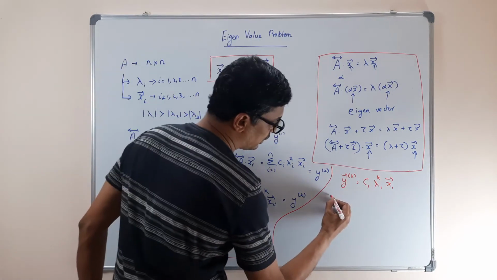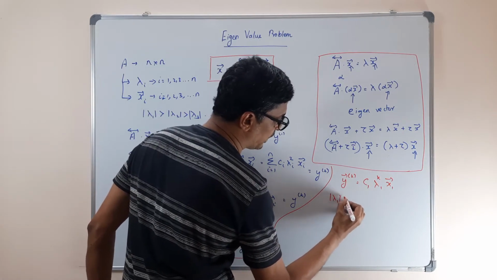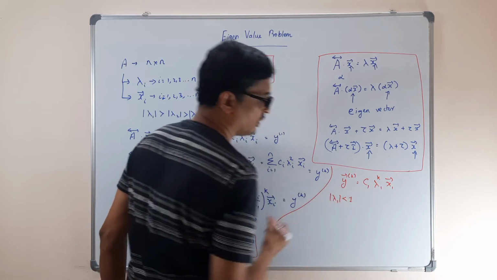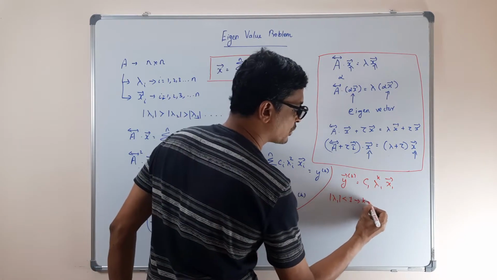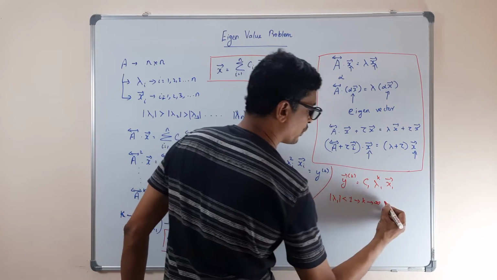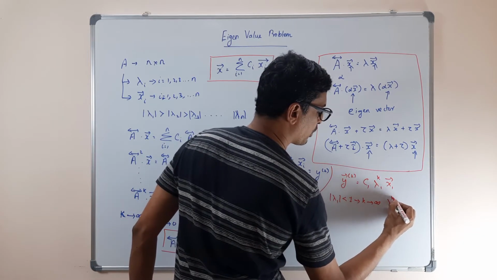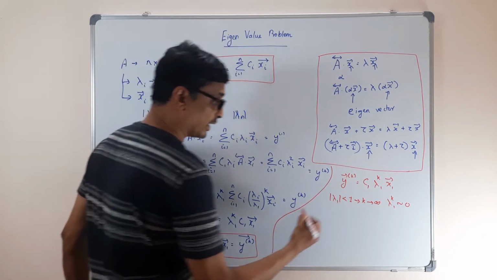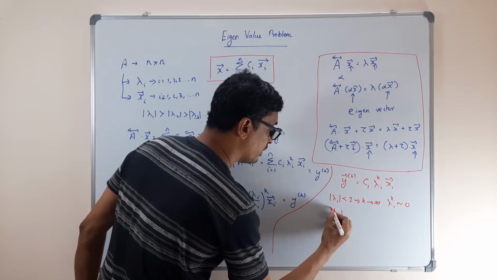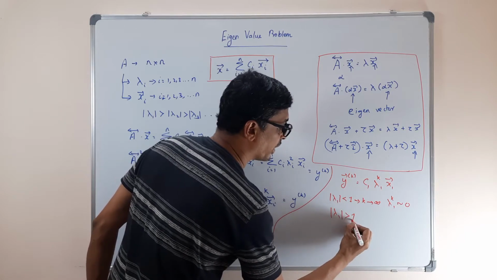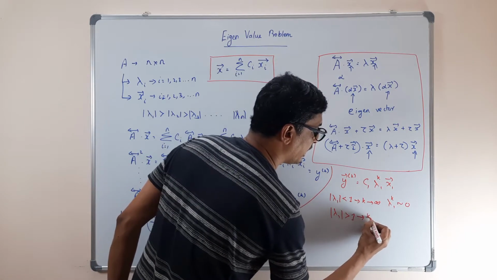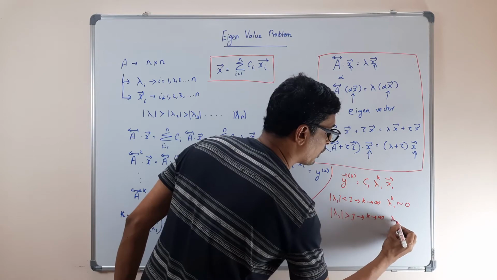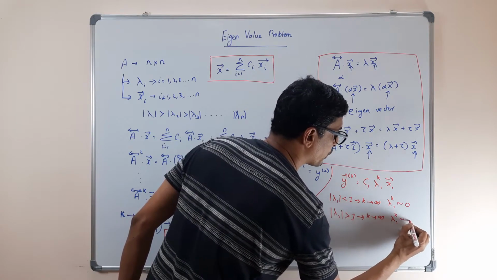Now, if you assume lambda 1 to be less than 1, then as k tends to infinity, lambda 1 to the power of k approximately goes to 0. On the other hand, if lambda 1 is larger than 1, then as k tends to infinity, lambda 1 to the power of k approaches infinity.